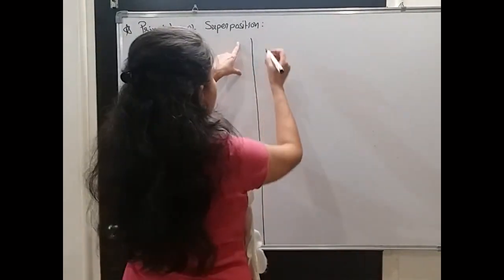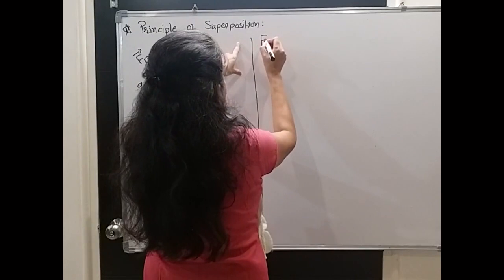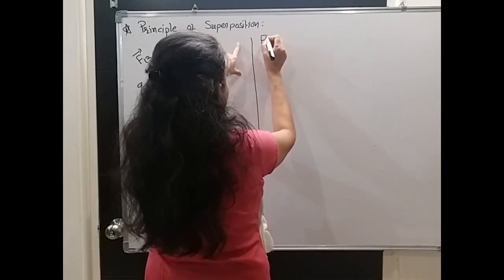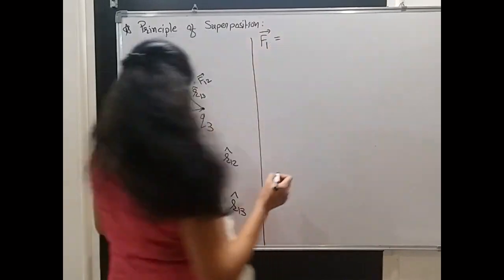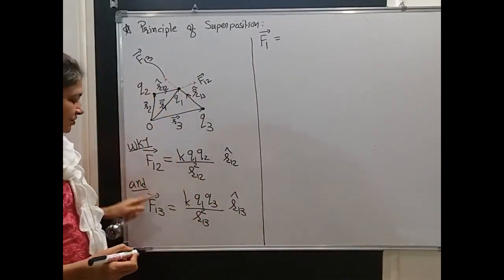So according to the principle of superposition, the net force on 1, I will write F1 equal to the vector summation of two forces.